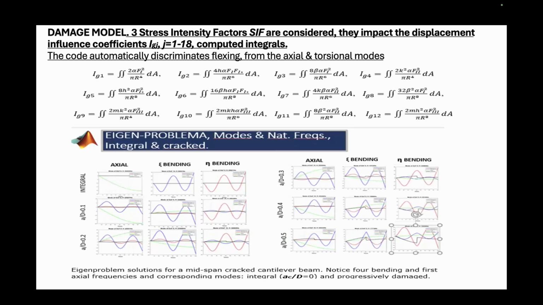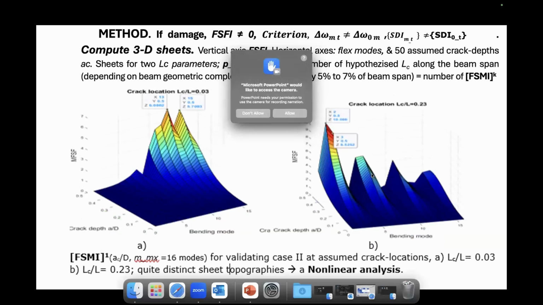When I have the intact case, you have this kind of modes: the first axial, the first bending, the same bending is the same. But when you begin to have some damage, 10%, 20% of the diameter, 30, 40, then the modes change, and also the frequency changes in the flexural modes.